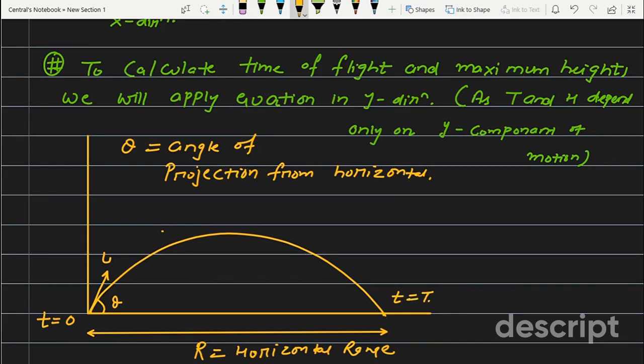Let's say this is t equal to capital T, the time taken by the particle to hit the ground, that means the time it has covered in air, the time of flight, and the maximum height attained is capital H.